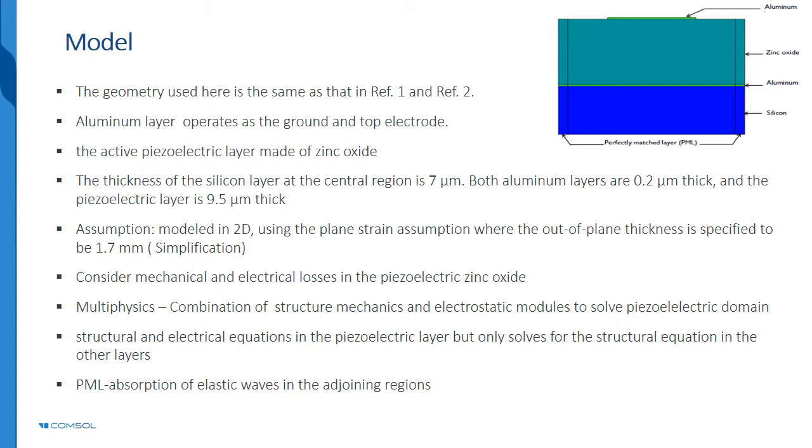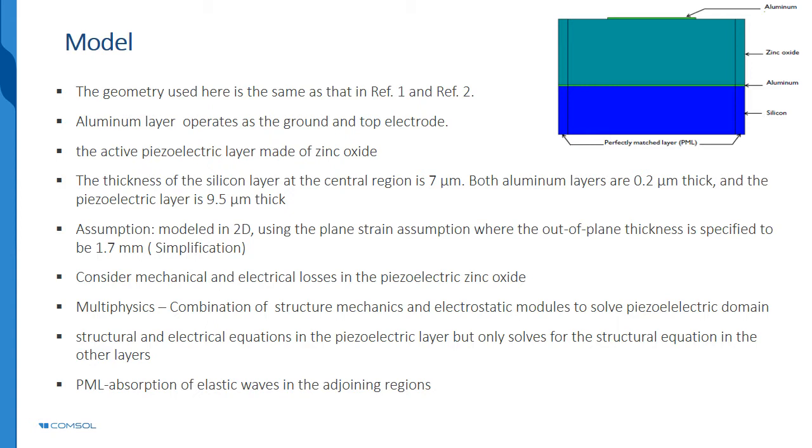The piezoelectric layer is 9.5 micrometers. The assumption we need to make is to model it in 2D using the plane strain assumption, where the out of plane thickness is specified to be 1.7 millimeters.